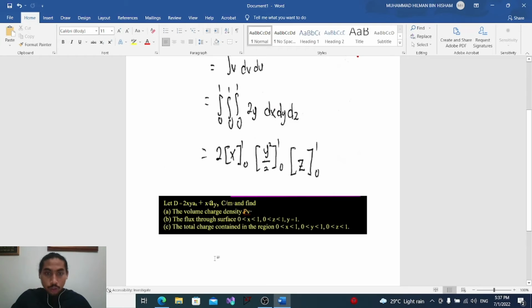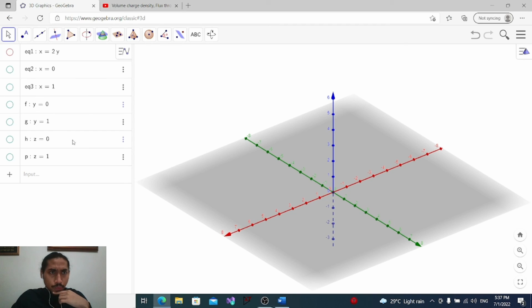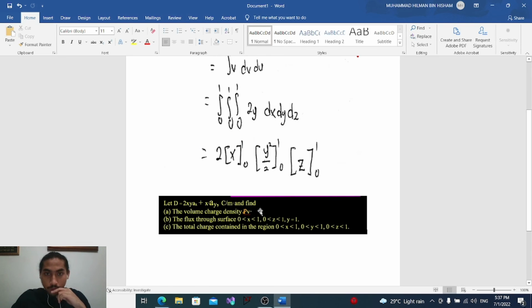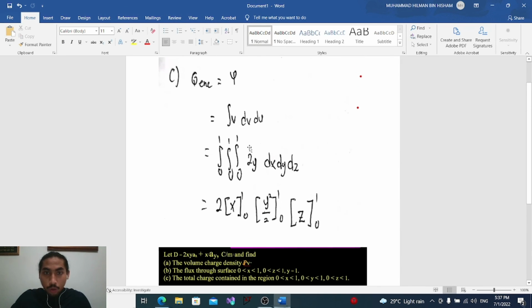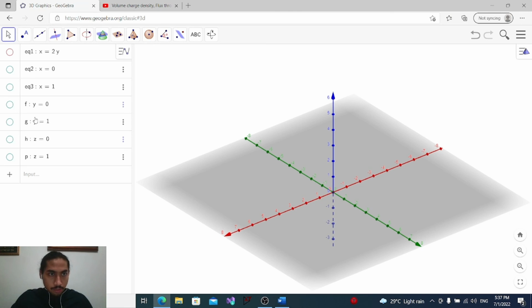Thank you. So for question C, the region where the total charge is contained can also be plotted using GeoGebra within these limits. Let me show you. So you need to key in all these equations which we can find from the question, which is we need to plot x equals to 2y with the upper and lower limit boundaries for x, y and z accordingly, just like this.